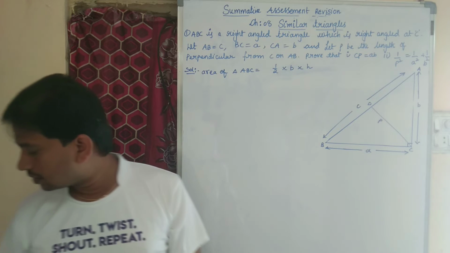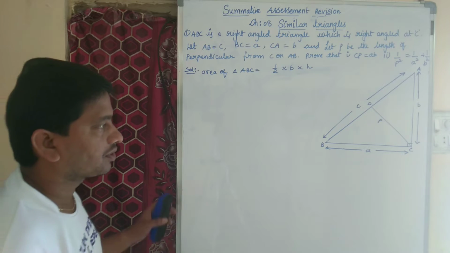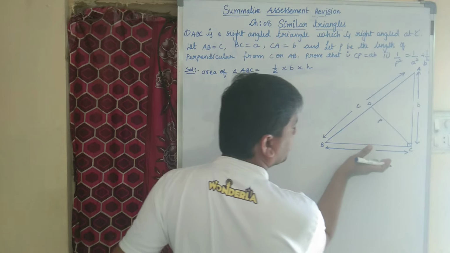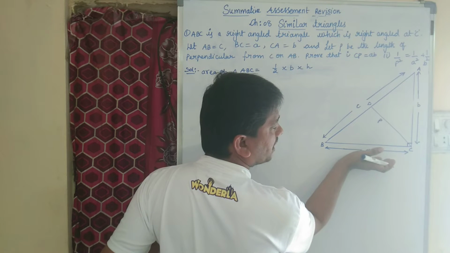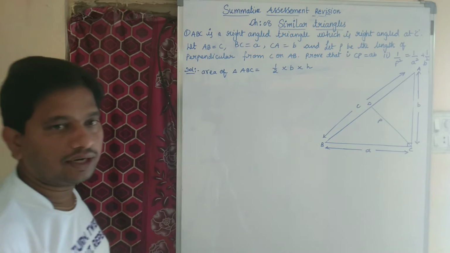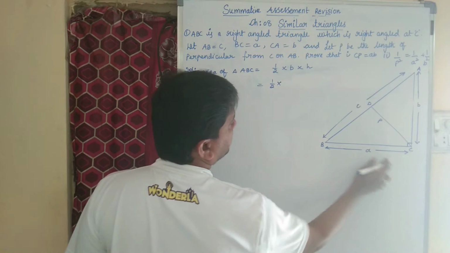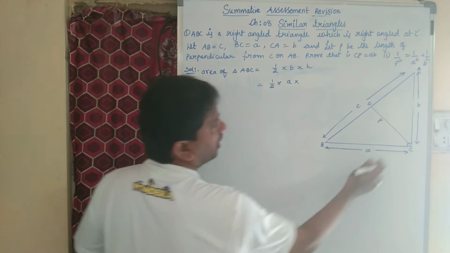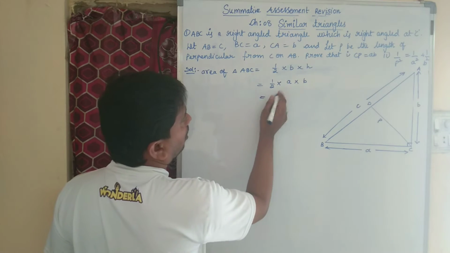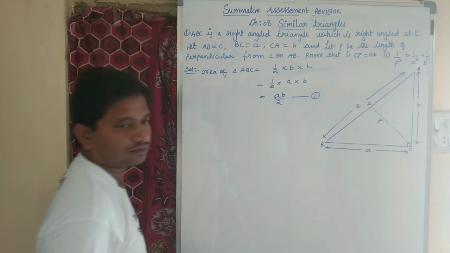In this triangle, if we consider BC as base, then AC is our height, right? So area of triangle ABC equal to half into base BC, which is A units, and height AC, which is B units. So half into A into B, that implies AB by 2. This is our equation number 1.